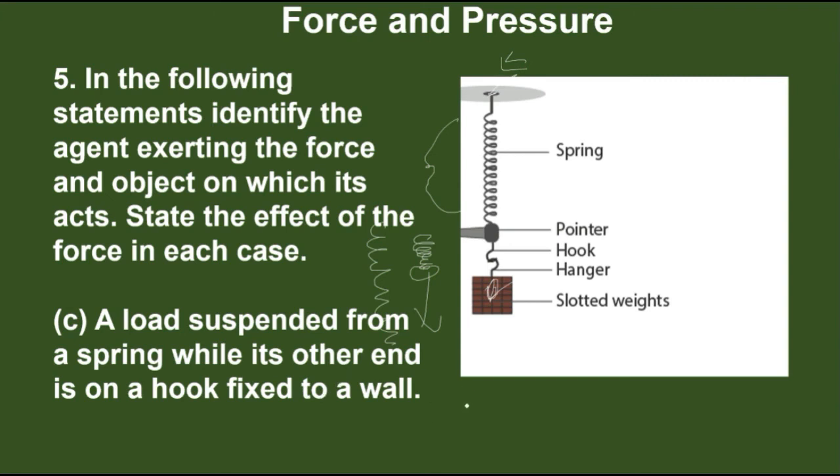Now again here you have to write what is the agent who has applied force here. Tell me, who is applying the force? It's the load, isn't it? And who has applied force on the load? It's earth. Why does this load go down? It's because of Earth's gravity.